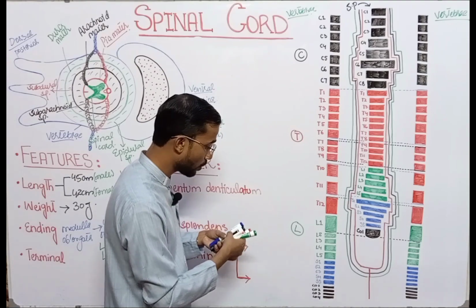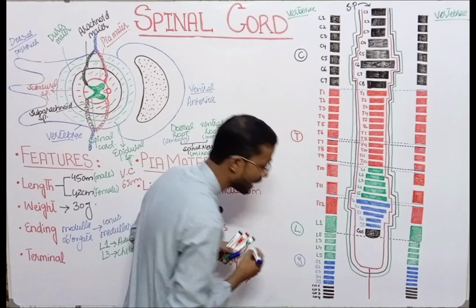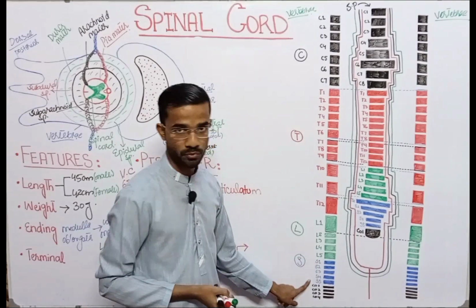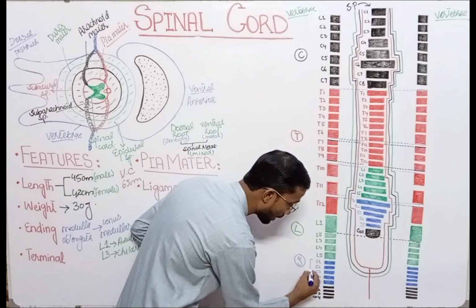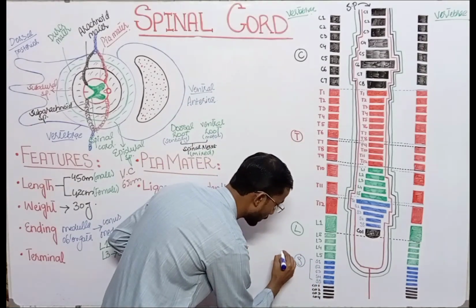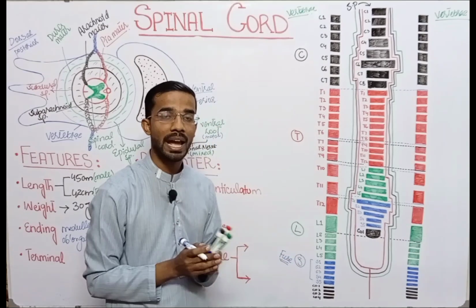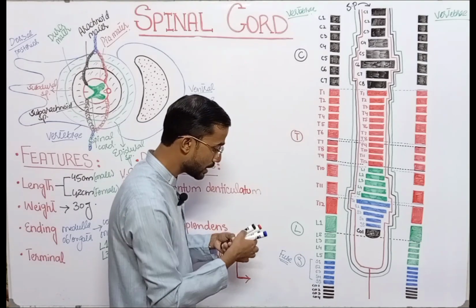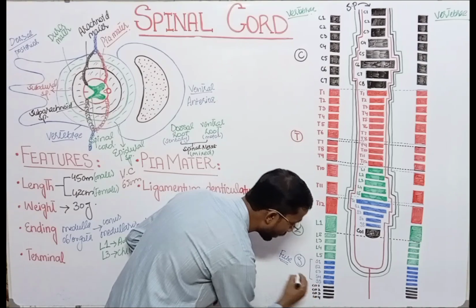And next is the sacrum region, in which you will again see 5 vertebra, S1 to S5. But keep in mind, the sacral vertebra are actually fused. And last is the coccygeal vertebra.